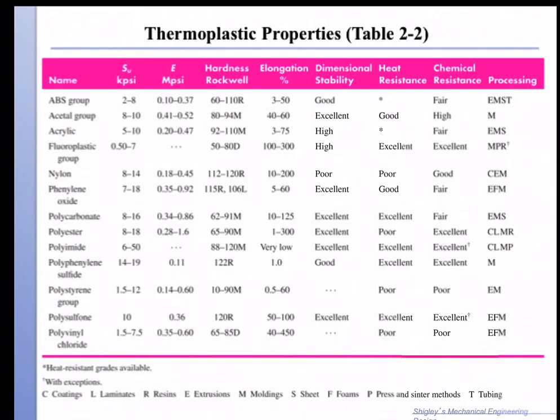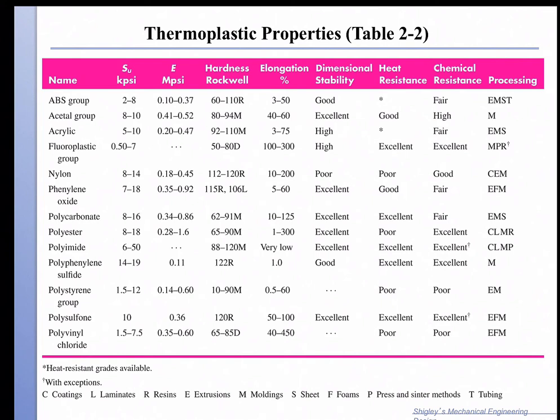So if you look at some of the common names, for example, thermoplastic, you have the ABS group, and these are the properties in table 2.2. This is the ultimate strength, 2 to 8 kilopascal. This is the elastic modulus, 0.1 to 0.37 mega psi.